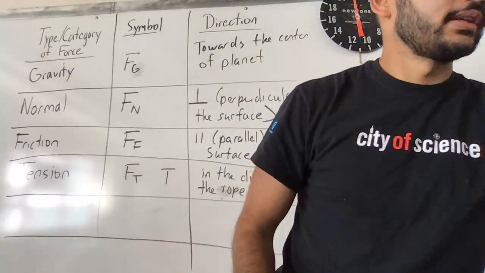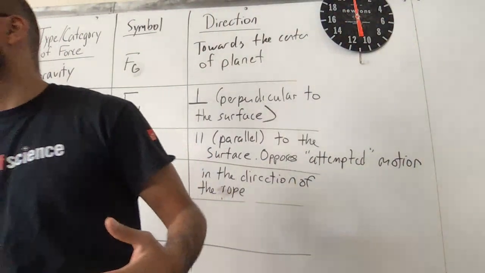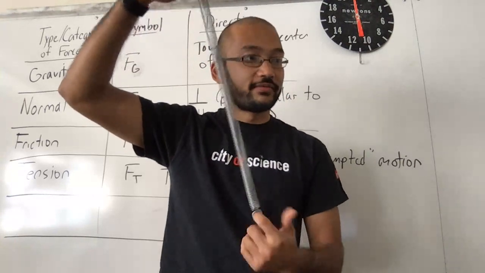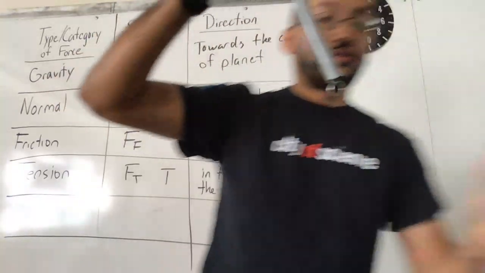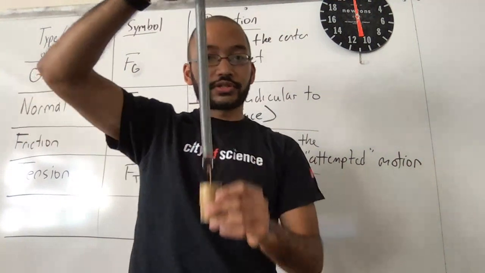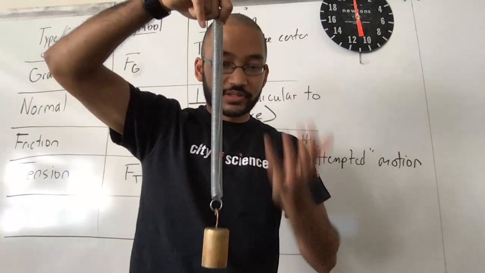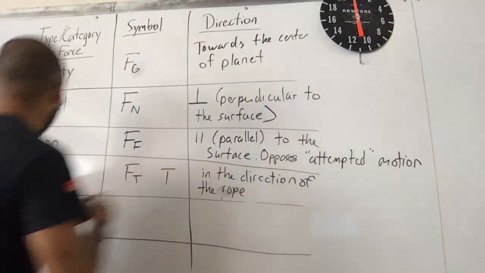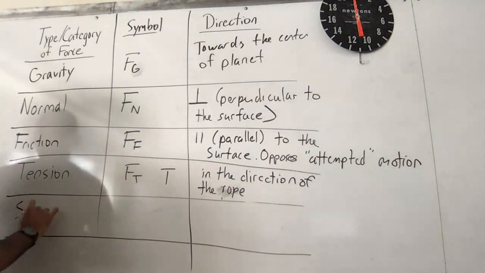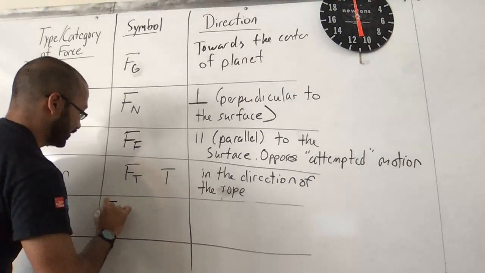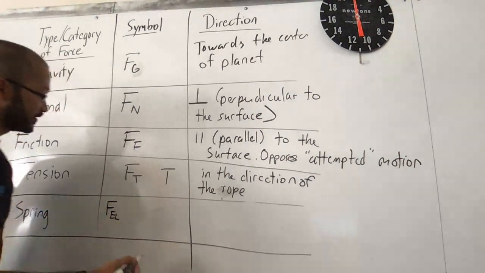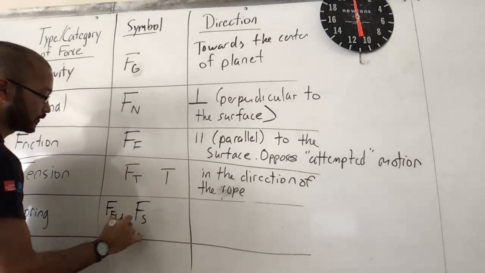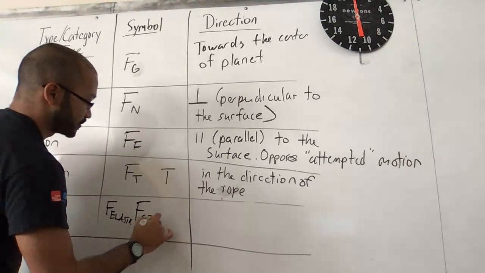Last but not least, we'll be dealing with springs. Springs are a very important model. If I were to stretch it, the spring exerts a force upwards on this little mass. I'll give it the symbol F sub EL, maybe sometimes F sub S. F sub EL for elastic, and F sub S sometimes for spring.